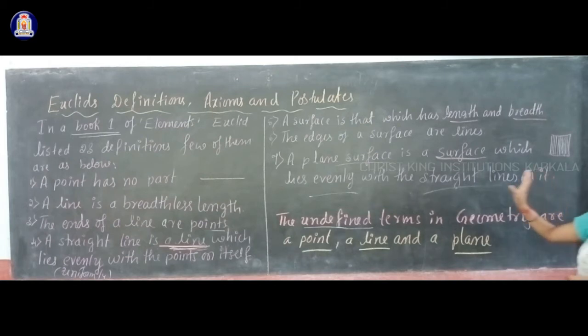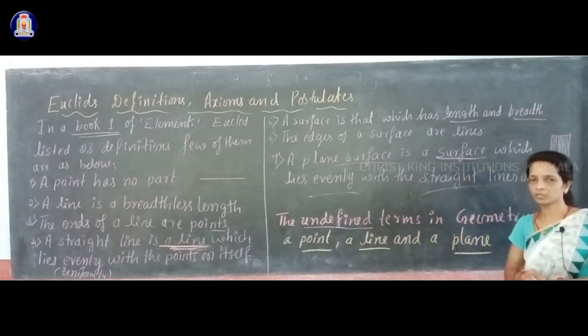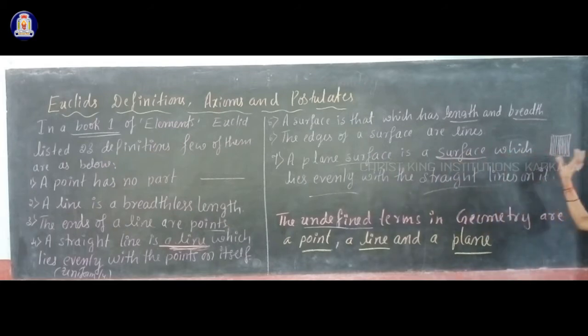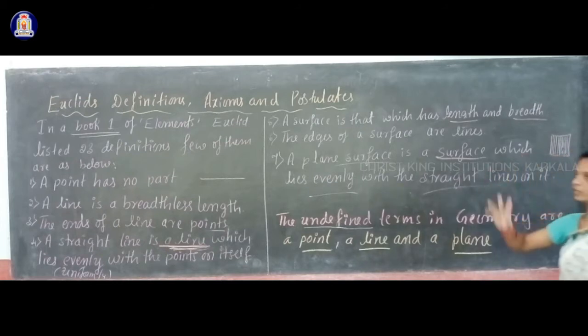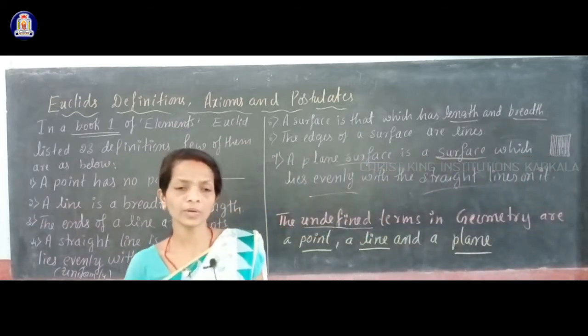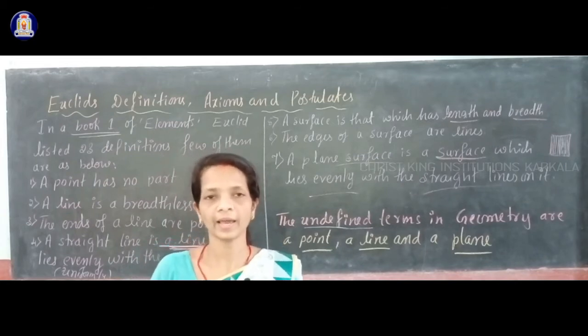So here they gave a definition of a plane surface like this: a plane surface is a surface which lies evenly, uniformly, with the straight lines on itself. That is the definition for a plane surface in Euclid's first book of Elements.